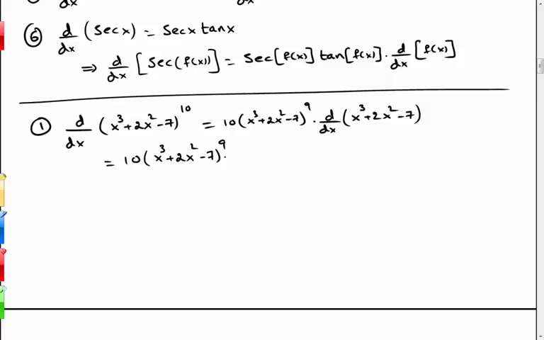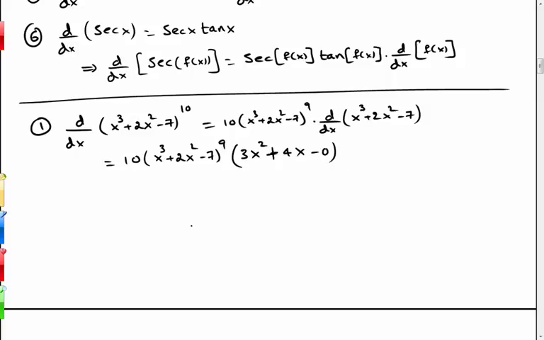And now let's figure out what the derivative of x cubed plus 2x squared minus 7 is. At least in this video I am assuming that you would know how to differentiate simple and straightforward things like that. Would you say d/dx of x cubed is 3x squared, applying the power rule? Similarly, d/dx of 2x squared is 4x, and d/dx of negative 7 is 0.